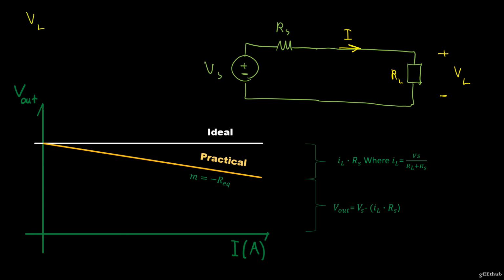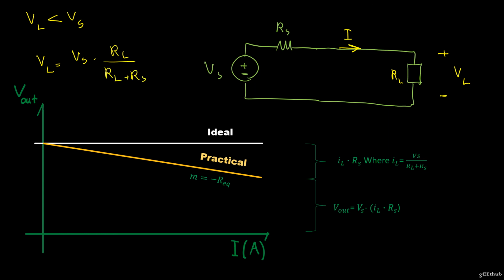Why? Because we have our voltage divider equation. So voltage divider equation says that VL is going to be Vs times RL over RL plus RS.